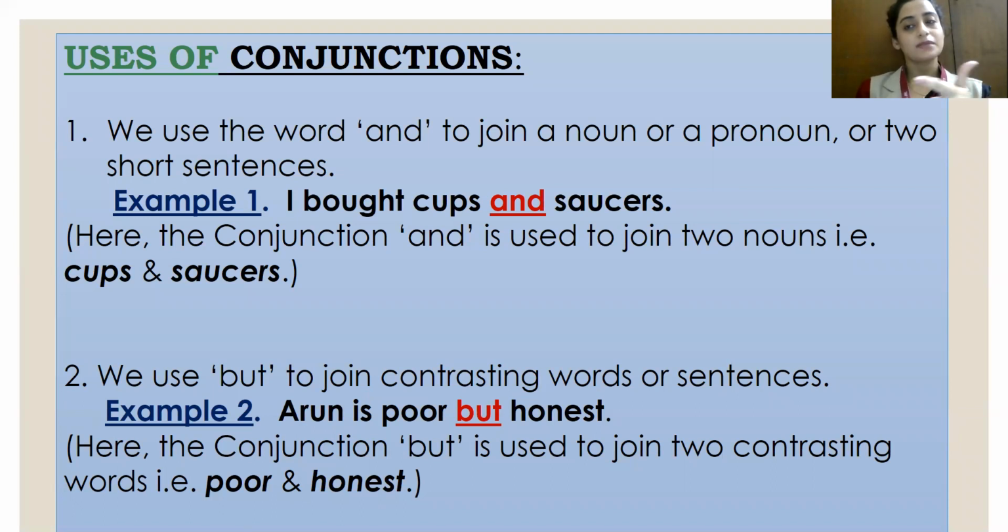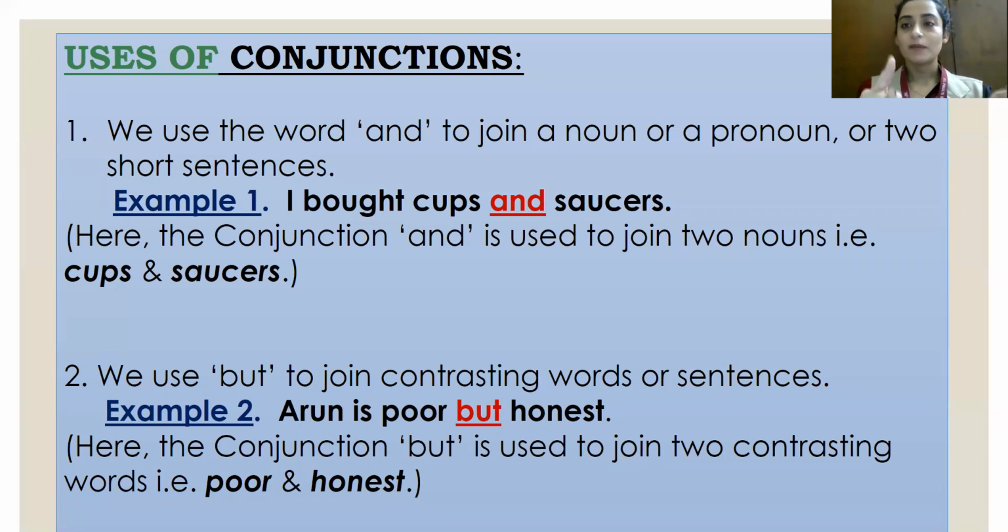I bought cups and saucers. Here, the conjunction and is used to join two nouns. As per the first use, we use the word and to join a noun or a pronoun. Here, we are joining two nouns together. What are these two nouns?